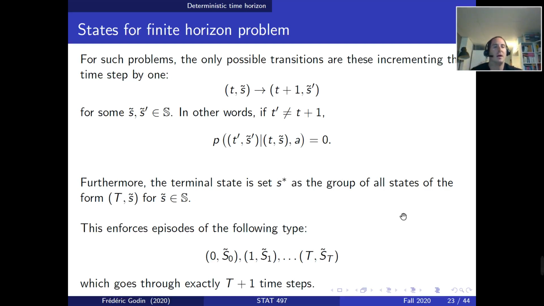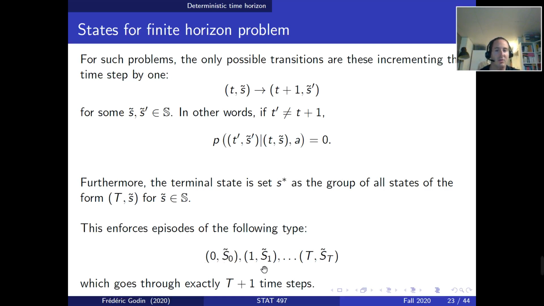Okay, so having this enforces that your episode goes through states of the following form. So you start in the state 0, S tilde 0, where this is the first raw state you're in, first state of nature.